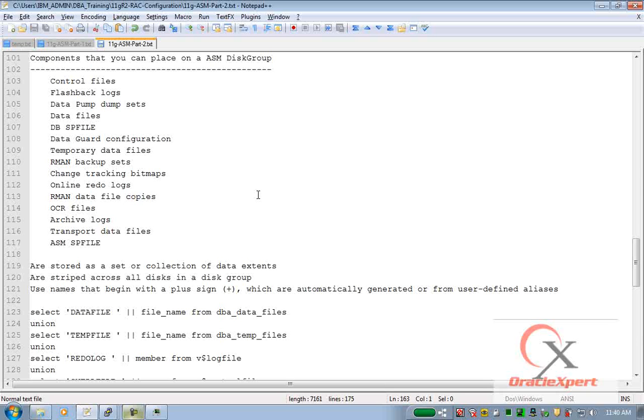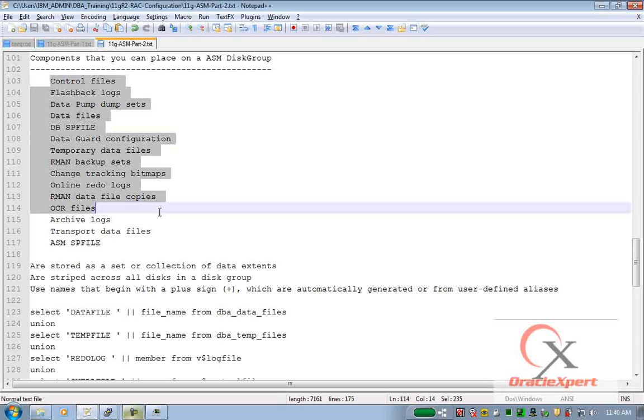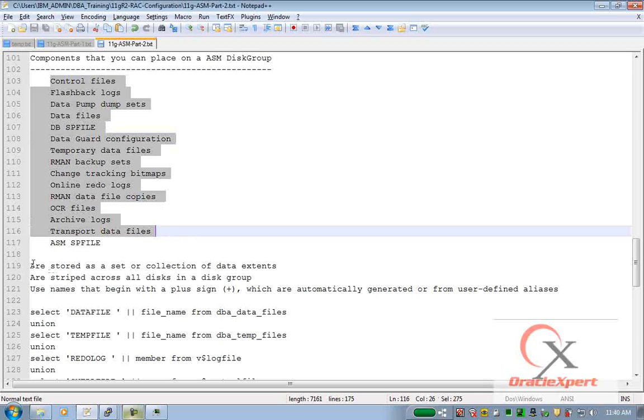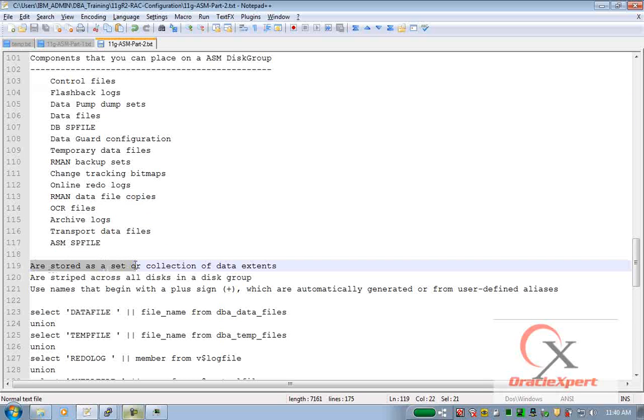Now when you keep any of these files onto ASM, in a subtle way the contents are allowed to be stored on a disk group. So whatever you store, obviously any one of them, is stored as a set or collection of data extents.